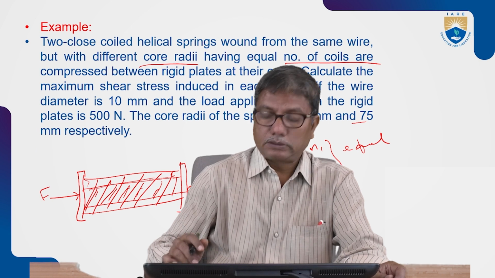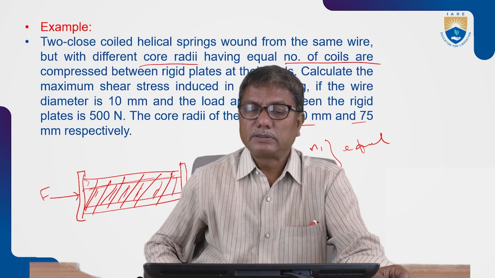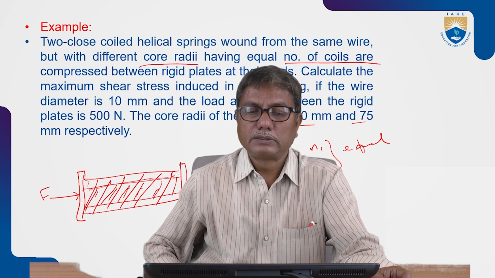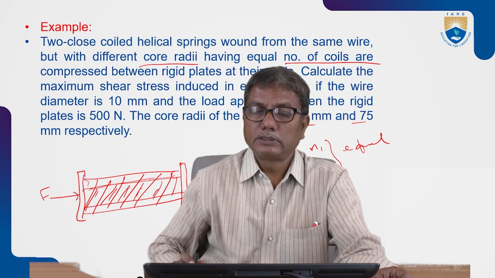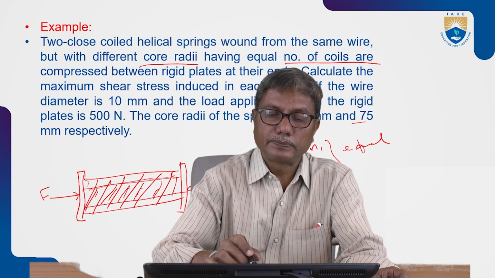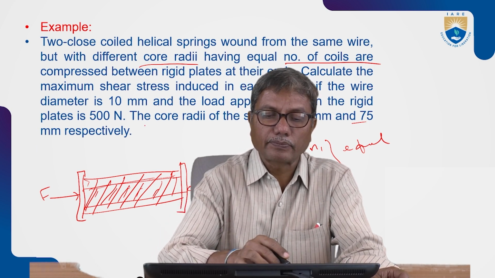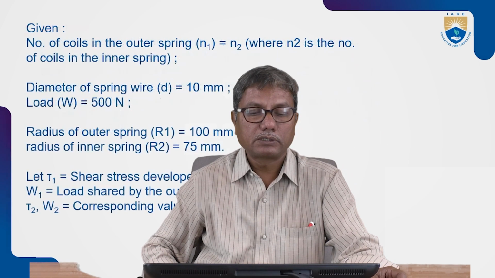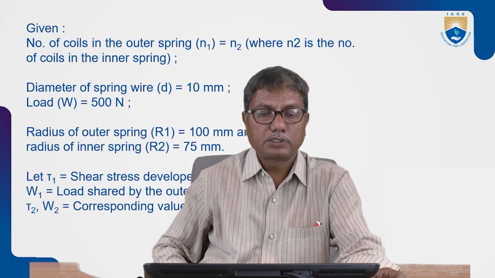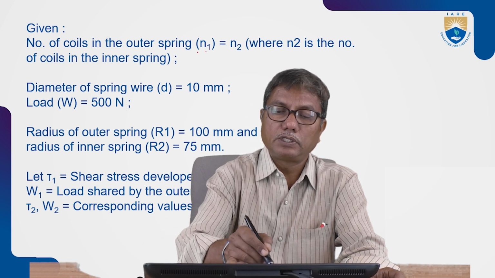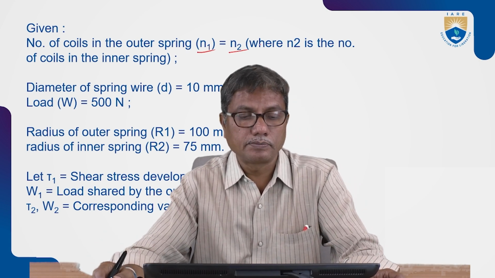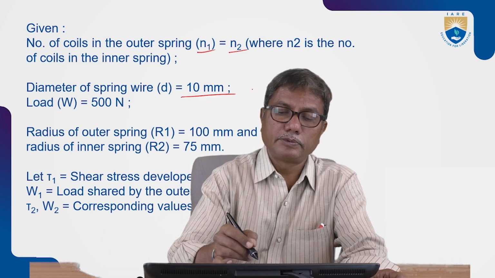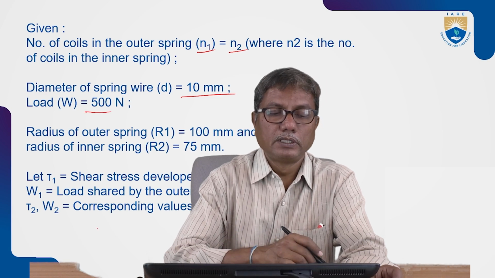What you need to find is the shear stress. For that, first let us see what data is given here. N1 is equal to N2, that is mentioned in the problem, and the diameter of the wire is 10 mm.